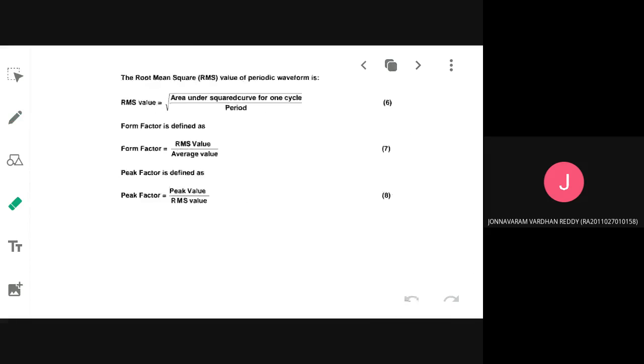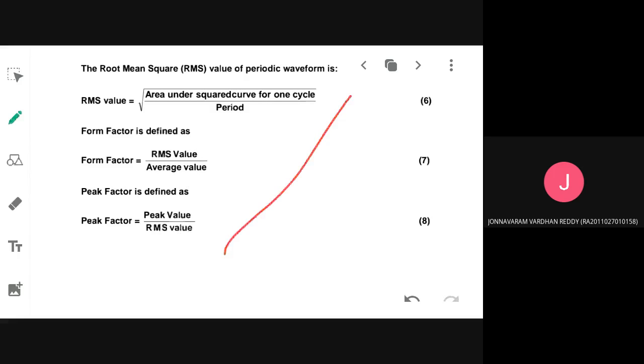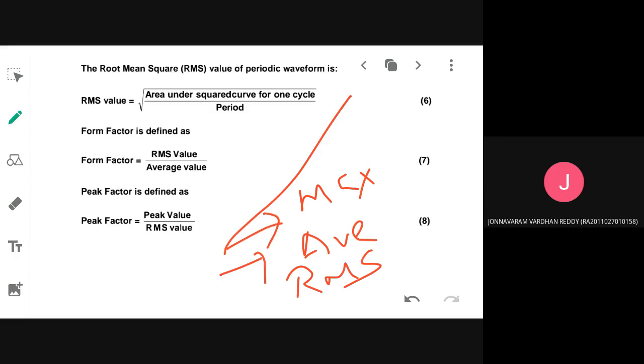And root mean square, what is the formula? You can represent maximum value, average value, or root mean square value. We have learned what maximum is, and we have learned the formula for average.